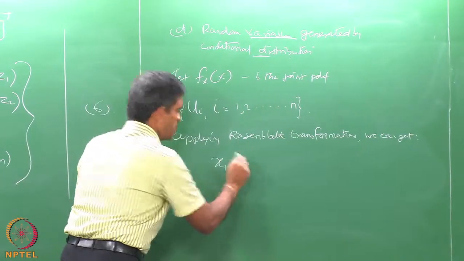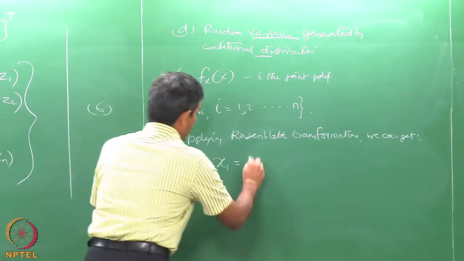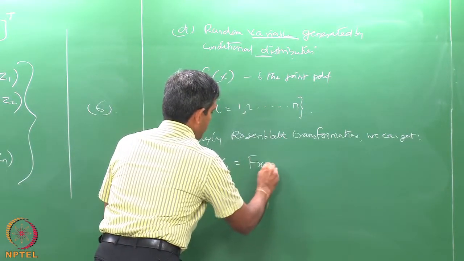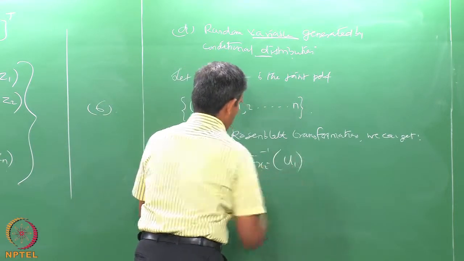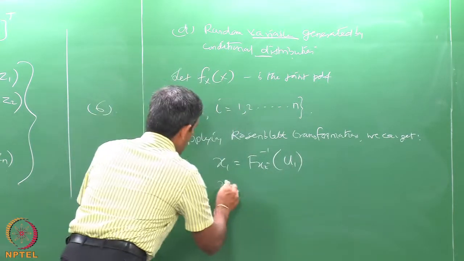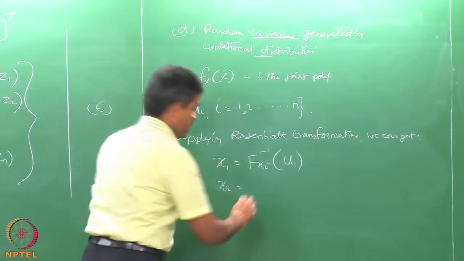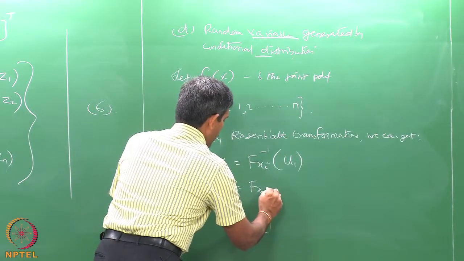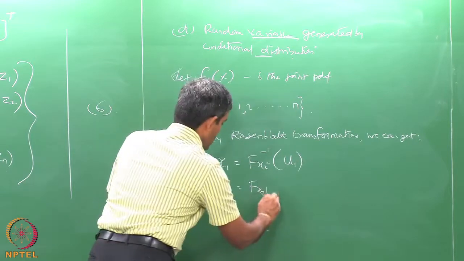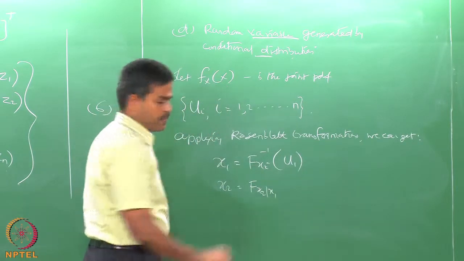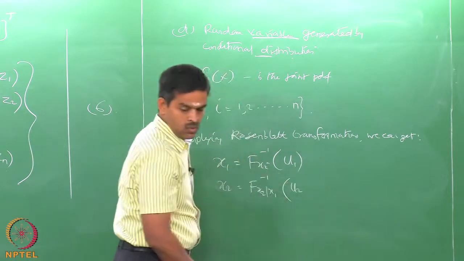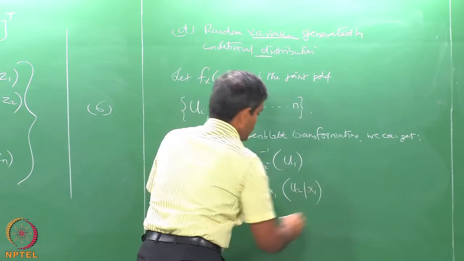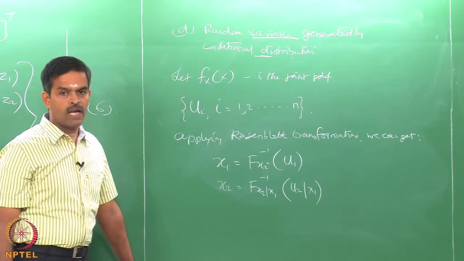x1 is F_X1 inverse of u1, x2 is F_X2|X1 inverse of u2 given x1, and so on.